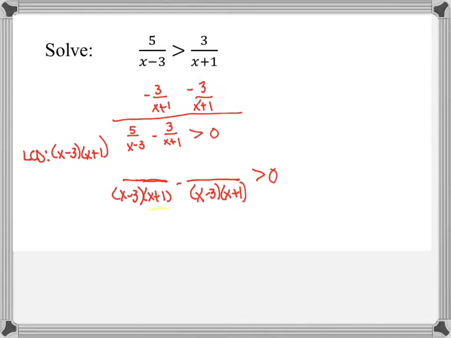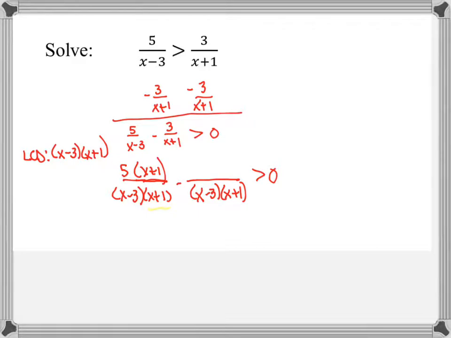Okay, so my original denominator of my first rational expression was x minus 3. I multiplied that denominator by x plus 1, so I also need to multiply the original numerator by x plus 1.